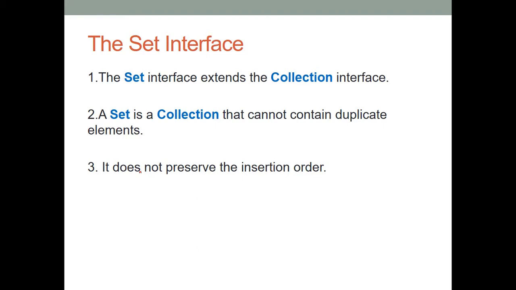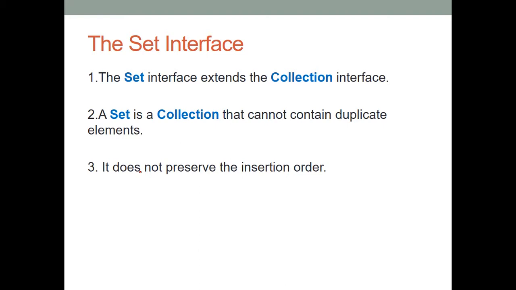Set means that whatever value you put inside the Set, it will sort it, and also Set does not store duplicate values. That is the main reason. List can store duplicate values.